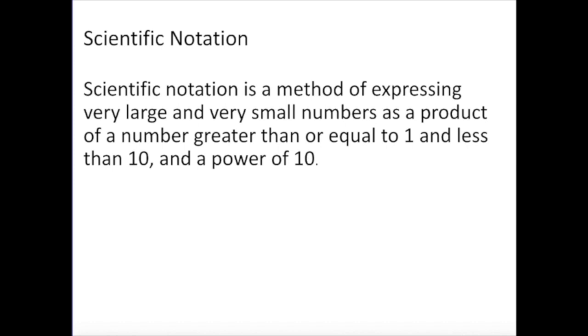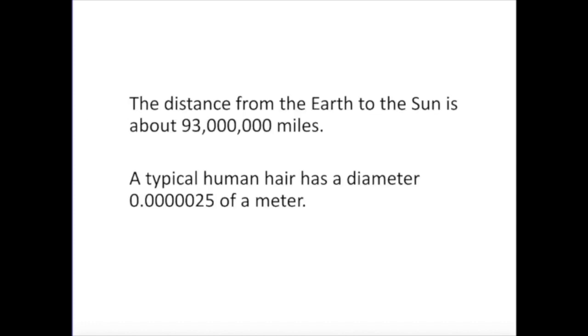So let's talk about why we even need scientific notation. Why can we not just write the number as it is? Well, let's take a look at these two examples. The distance from the Earth to the Sun is about 93 million miles.